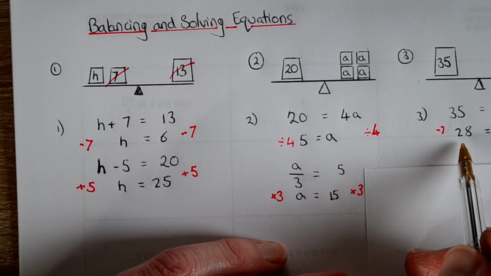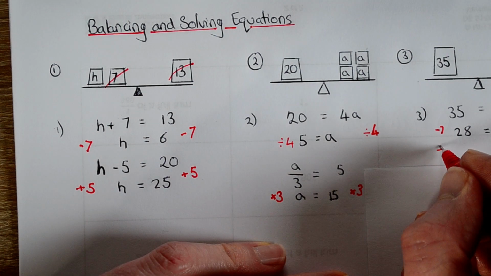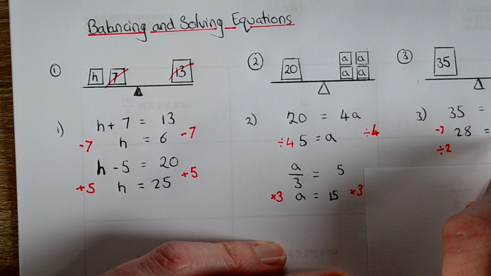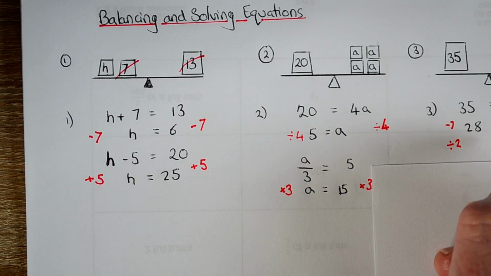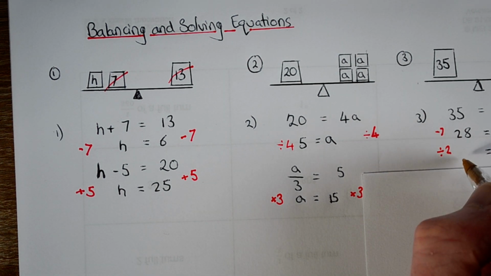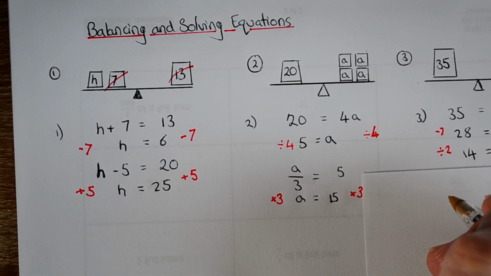We need to split this amount into 2 equal halves. Notice again, here it's times by 2, opposite operation. So if we've got 2 m's, we halve them, we've just got one of them, that's what we want. Half of 28, there we have it. Last example.